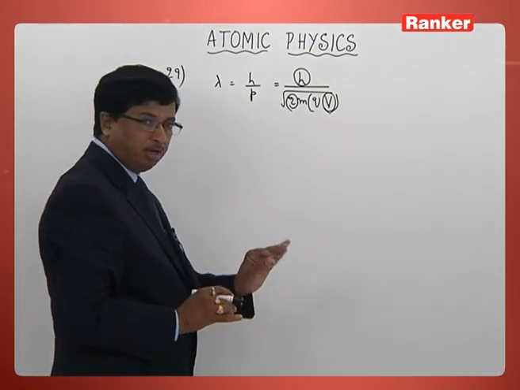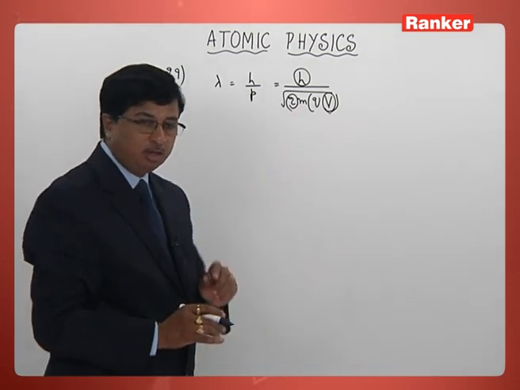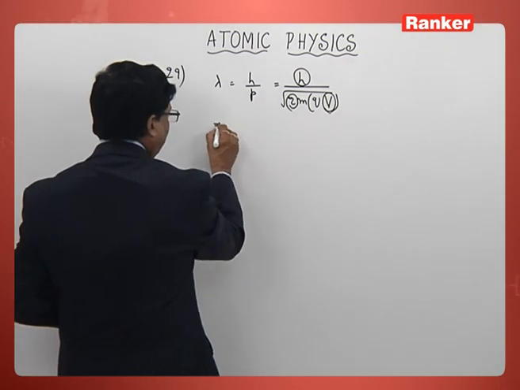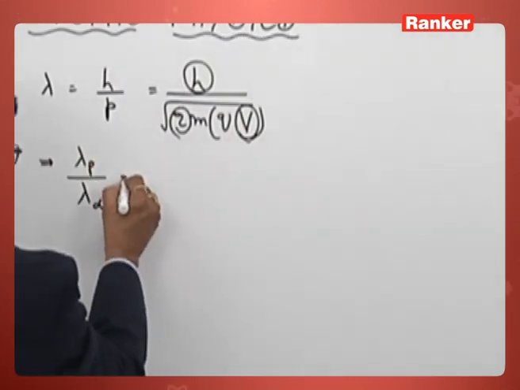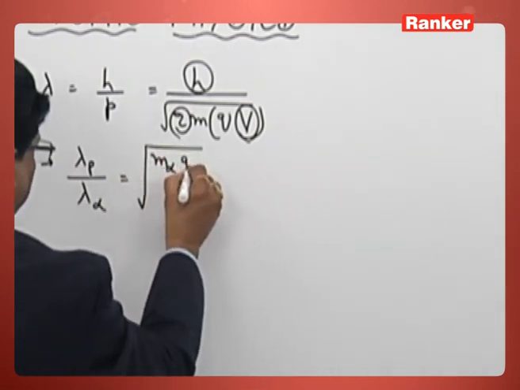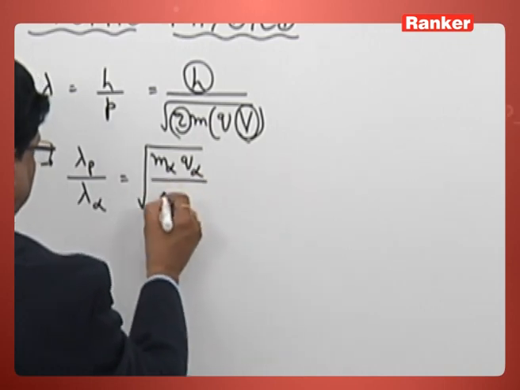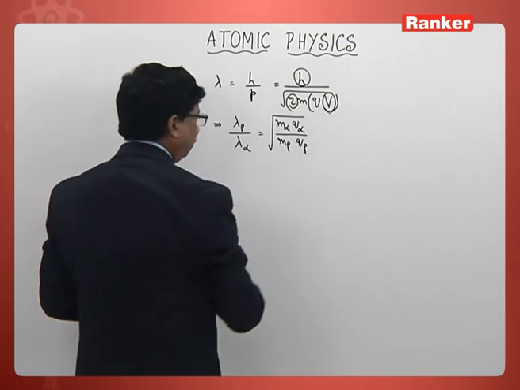Lambda is a variable depending on the mass of the particle and the charge on the particle. So what can we write now? λ proton by λ alpha particle is equal to the root of mass of alpha particle into charge on alpha particle by mass of proton into charge on proton.